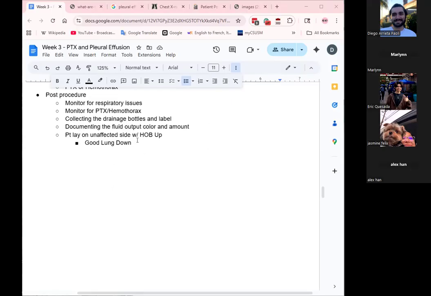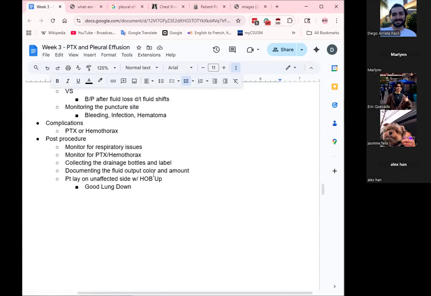So better respirations and also preventing the collapse of the alveoli. That's the logic behind that.